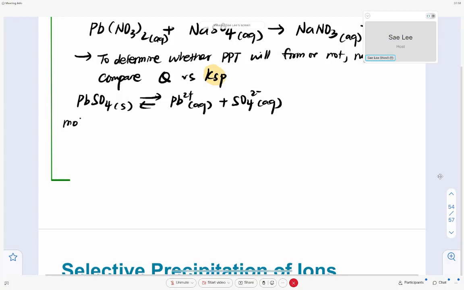The moles of lead ion equal the moles of lead nitrate in the system.